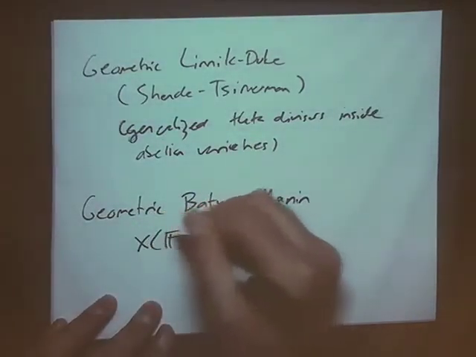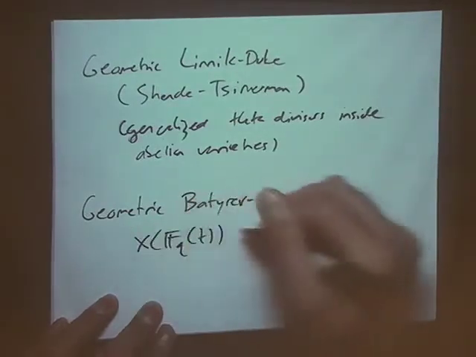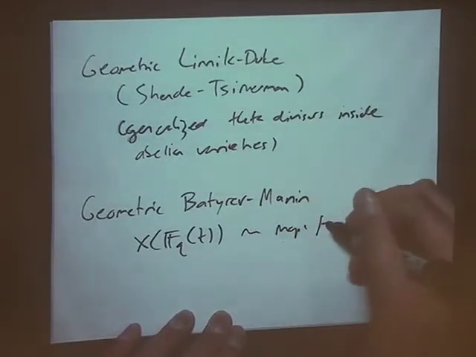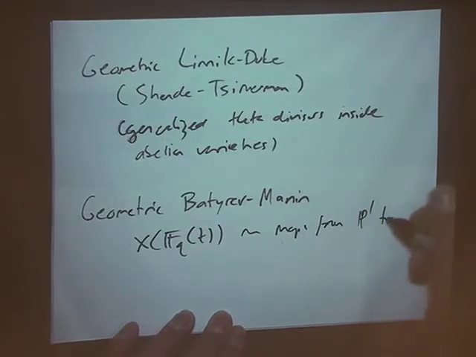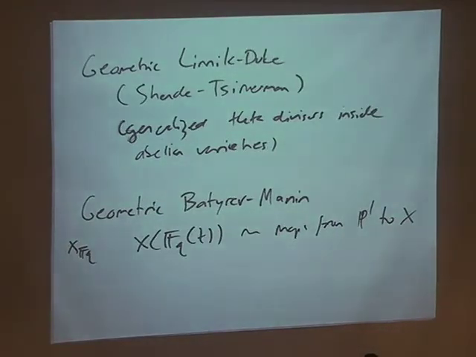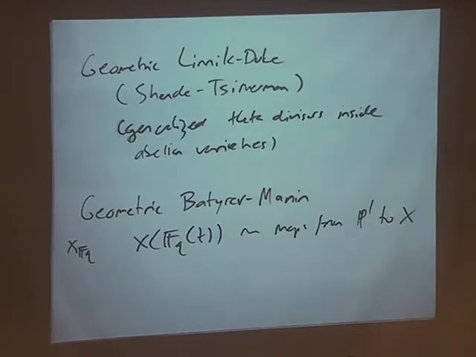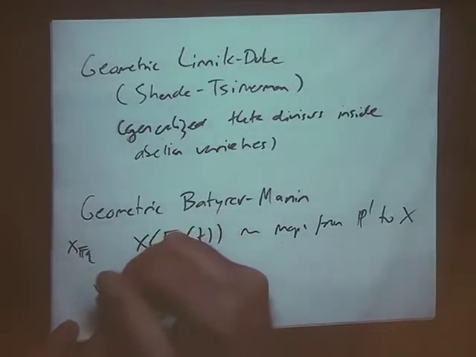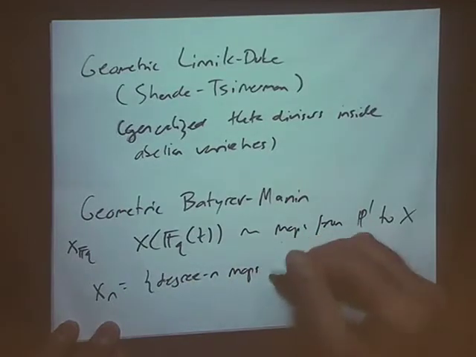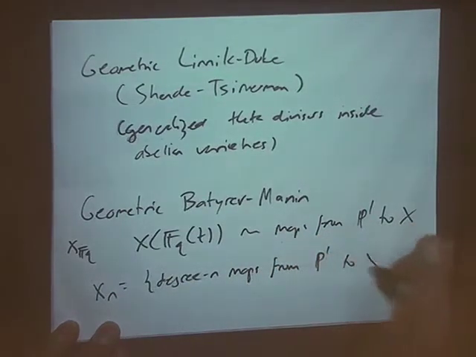Loosely speaking, if X starts life as a variety over F_q, then its F_q(T) points, at least generically, are like maps from P^1 to X. The height of such a point turns out to be the degree of this map. So the relevant moduli spaces would be X_n, the degree n maps from P^1 to X.